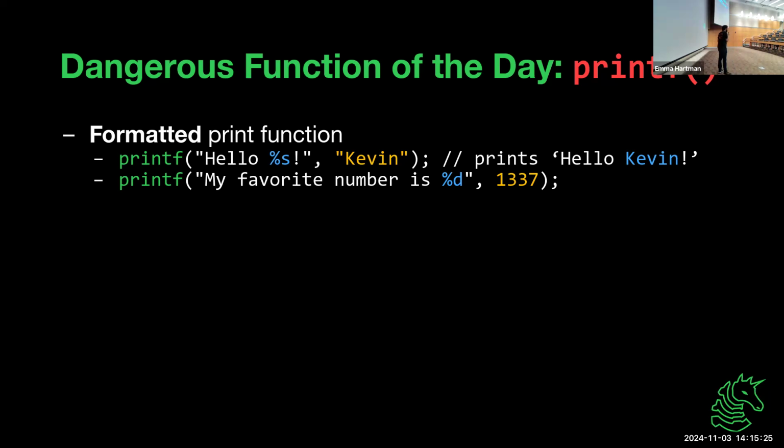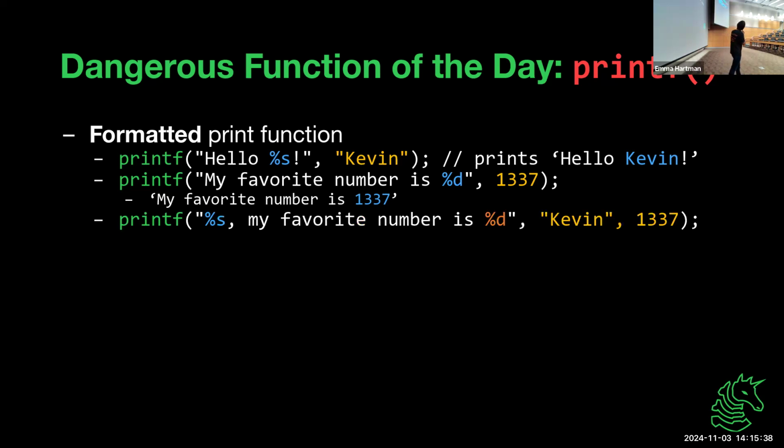%s is for strings. We also have %d, which is for signed integers. So you can say my favorite number is 1337, and of course it will convert that out to the whole string on its own. And you can provide as many as you want, and as long as you provide the arguments for it, it will slot them in just fine.